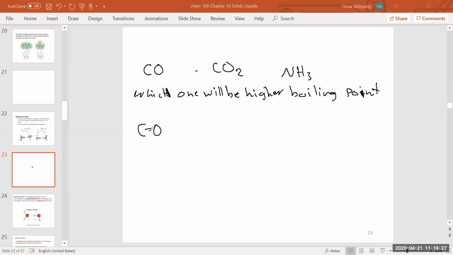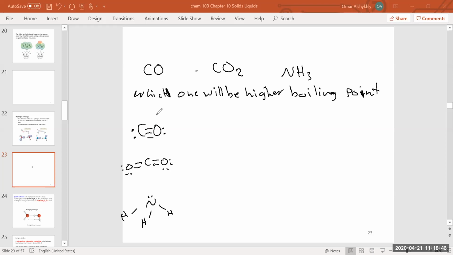So CO has this Lewis structure, CO2 has this one, and NH3 has this one. It's also better to decide whether each is polar or not.